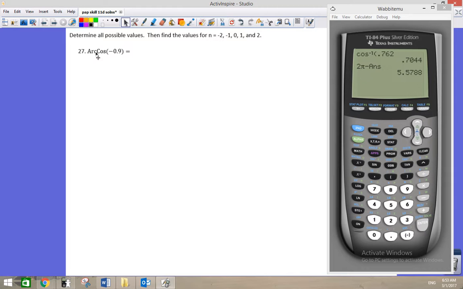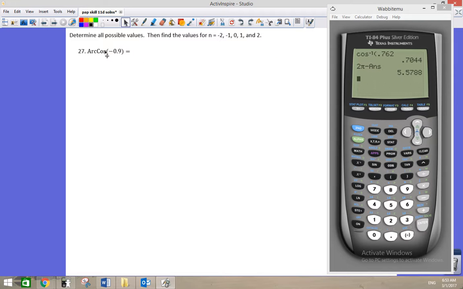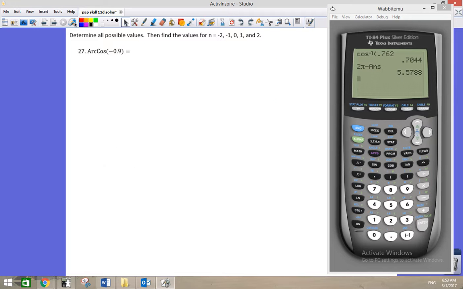Same idea here, but the arc cosine is just a different notation for inverse cosine, right? So let's get our unit circle. When we go to the calculator, you know what?